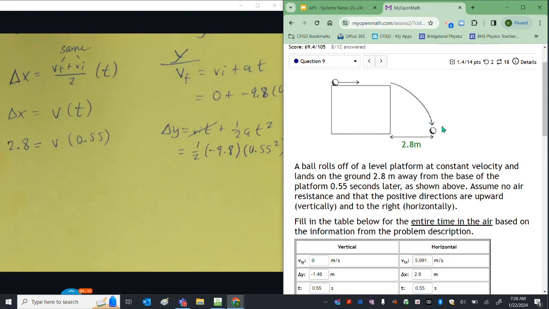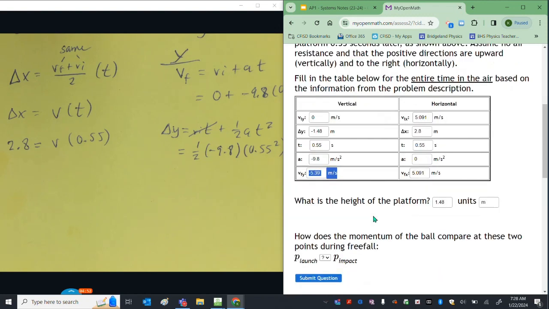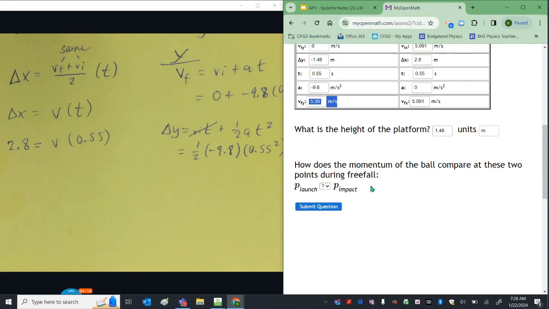It's still going to have the exact same amount of horizontal velocity here. However, it also has vertical velocity at the end of, again, negative 5.39 meters per second. So because it's speeding up as it falls, it's getting faster, it's also going to be gaining momentum. Therefore, the momentum at launch will be less than the momentum at impact.